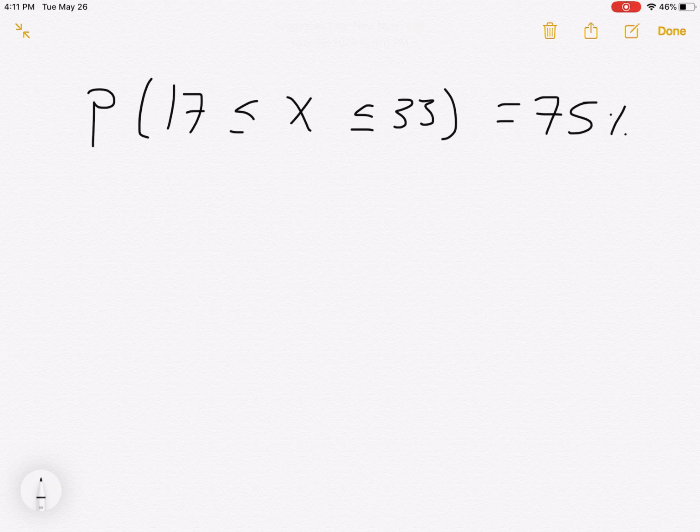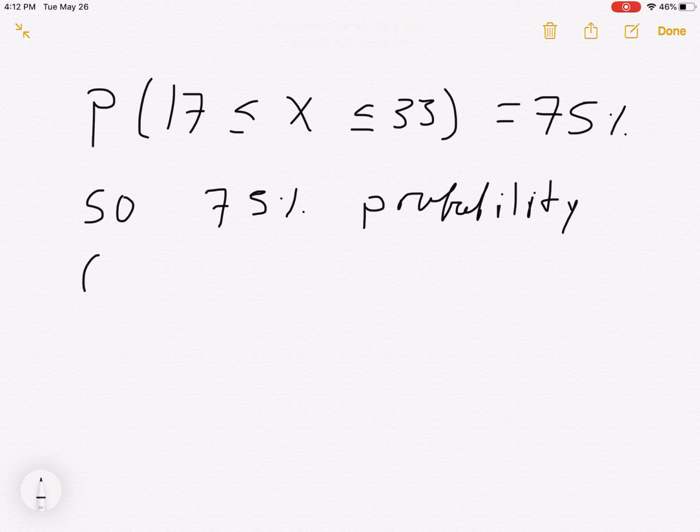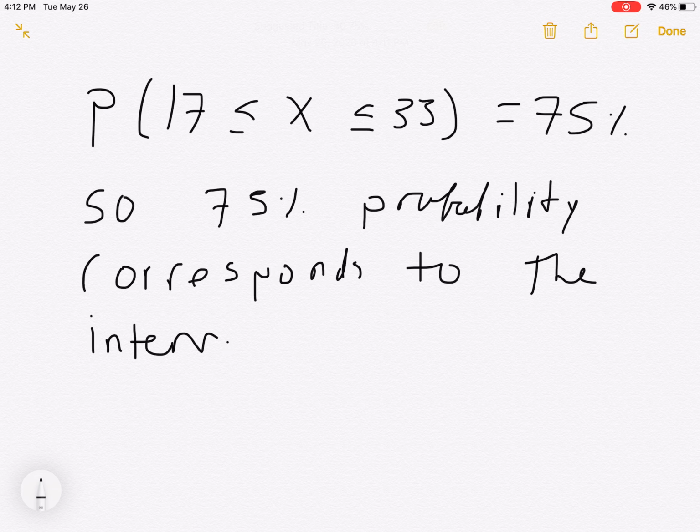So we've answered both questions here. The minimum probability the price of the stock is between $17 and $33 is 75%, and the interval that corresponds to 75% is the interval from $17 to $33.